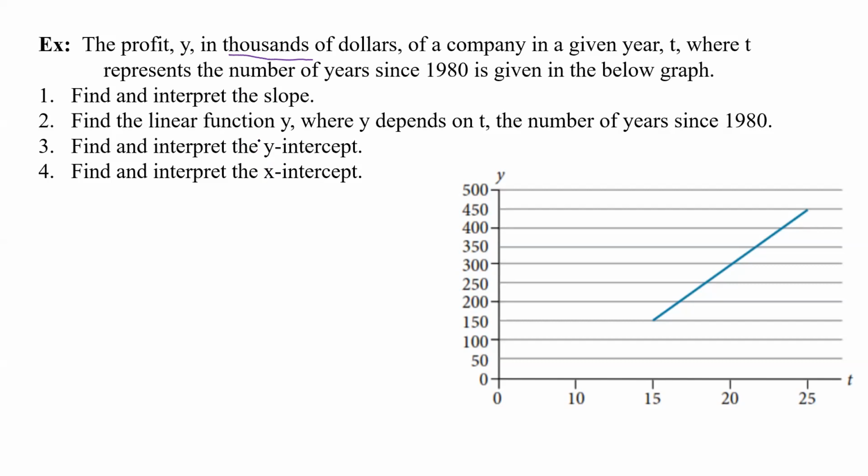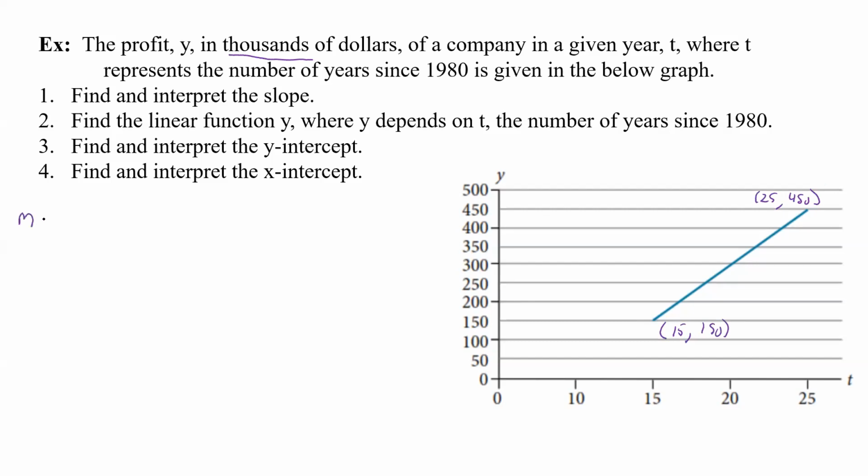All right, so what do we have? Well, we need to get some points. So I'm going to say this point is 15 and then 150. Now remember that 150 is 150,000, but right now we're just going to use it as 150. And this one is going to be 25, 450. Okay. So I can get the slope from that.